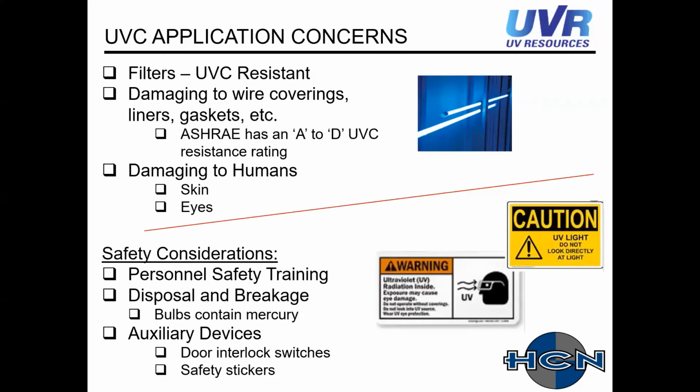With UVC light, you have safety considerations: you have to really train your personnel. You have to be aware that the bulbs do contain mercury, so there are procedures for disposal as well as breakage. And because it's damaging to humans, you should have auxiliary devices with door interlocks. And then there are a couple pictures of some safety stickers that you should apply to your equipment.